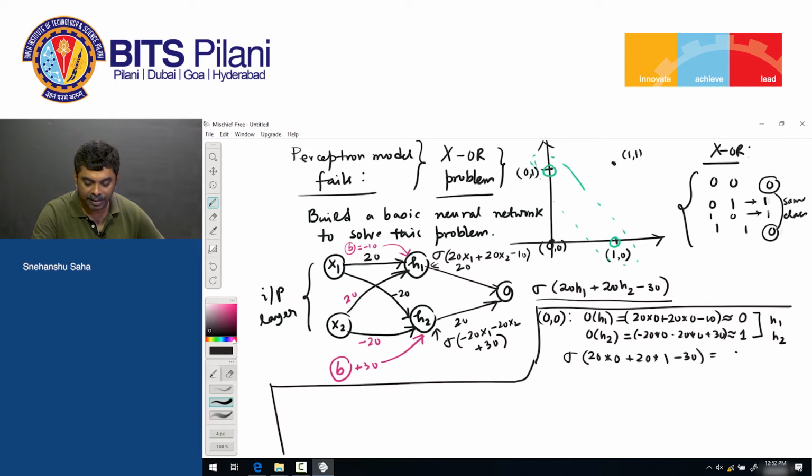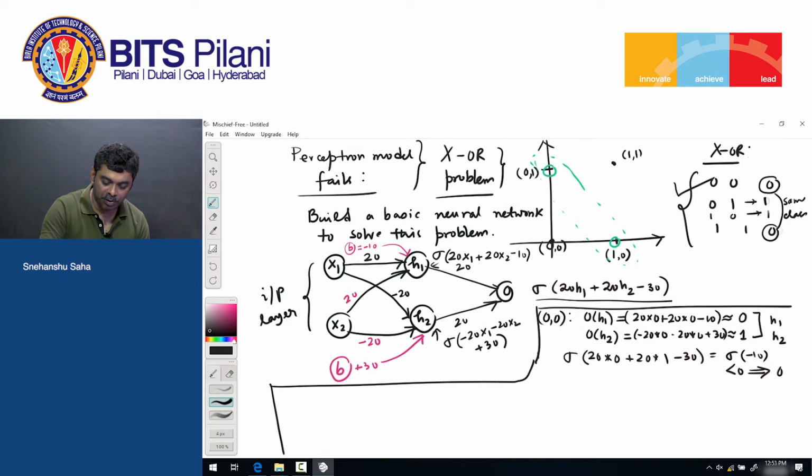So what you have is a threshold of minus 10, which is less than 0, which means this is 0. This is exactly what you wanted. So when the inputs are 0 and 0, the output is 0. So this is checked.